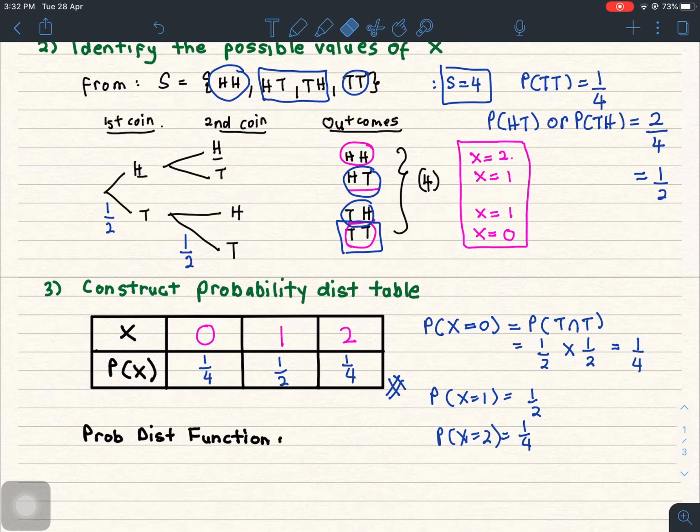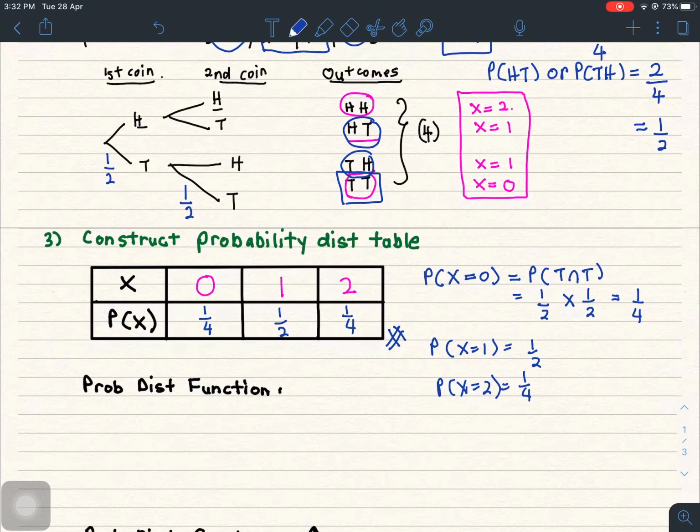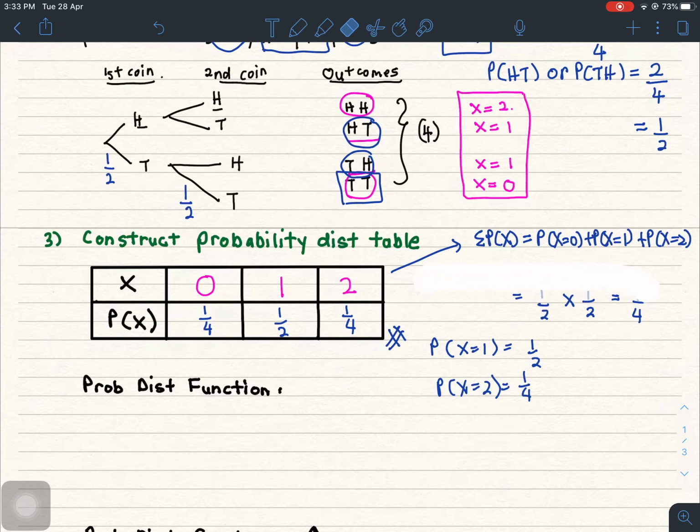Now check your total P(X). So for the total P(X), you can always check it. Total P(X) basically is equivalent to P(X=0) plus P(X=1) plus P(X=2).